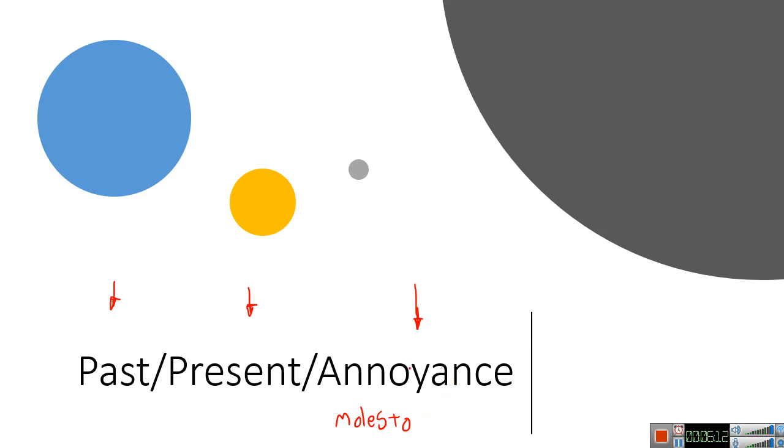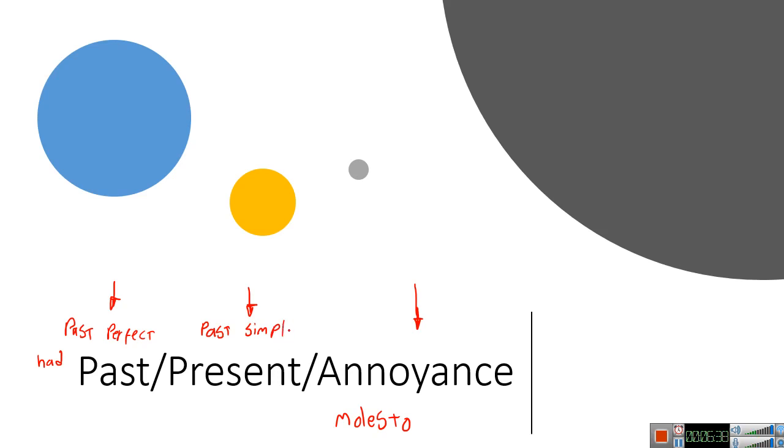Okay. So in past, we have the use of past perfect. How do you know that something is in past perfect? Because they use had. In present, we use the past simple.